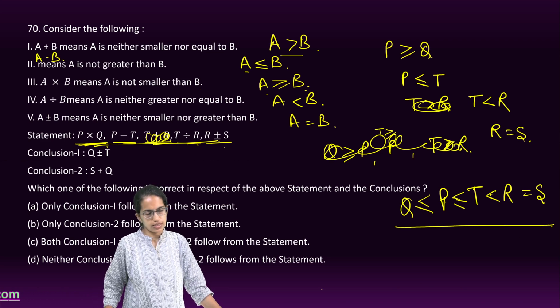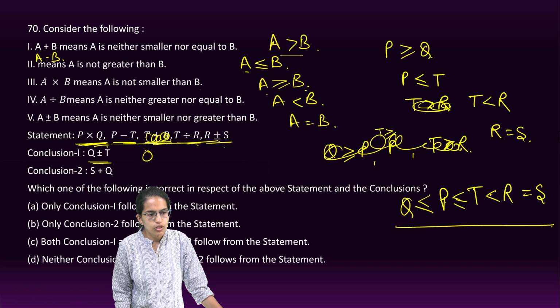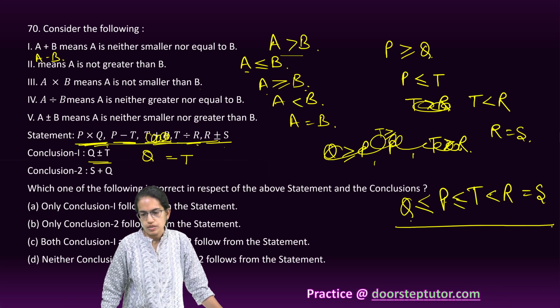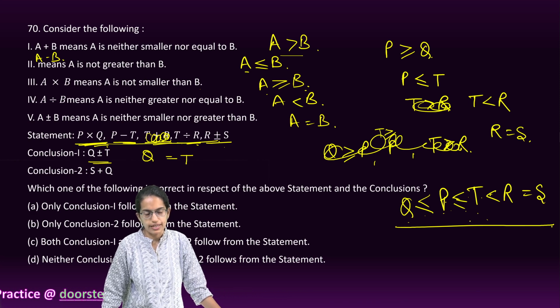Now this is the series that I have got, right? Based on this, can I say Q is equal to P? Q is greater than or equal to P, or P is greater than or equal to Q. There can be a chance, but I cannot say for sure. Okay.